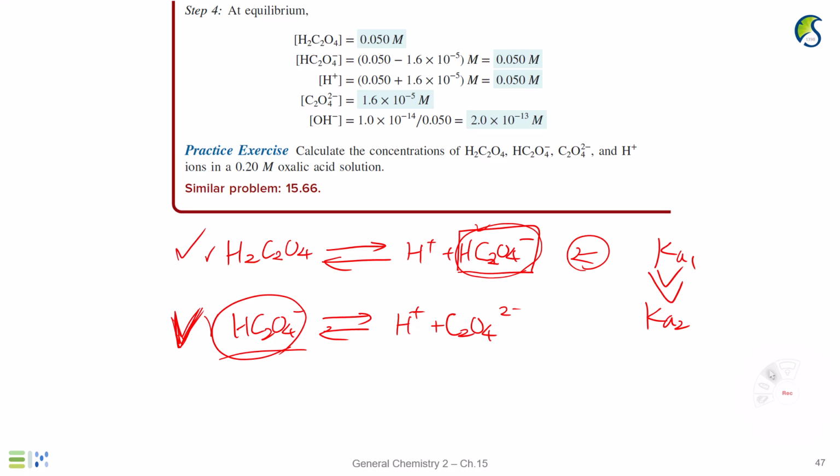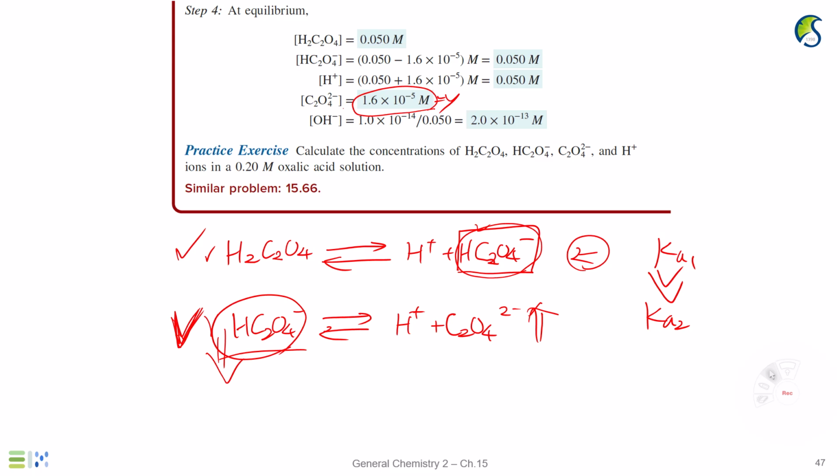So for example, for the second chemical equilibrium, this is y, the unknown variable y. Then if you generate this amount of C2O4 2 minus, the same amount of HC2O4 minus will decrease, right?